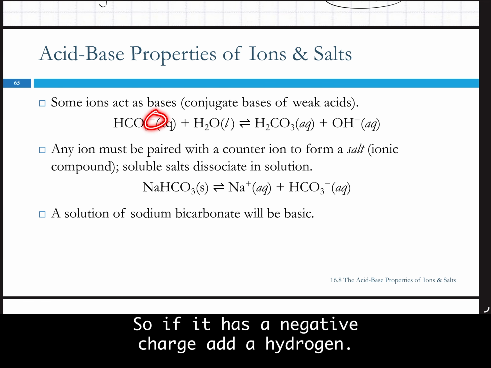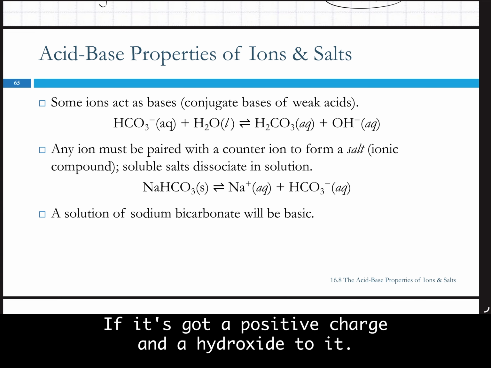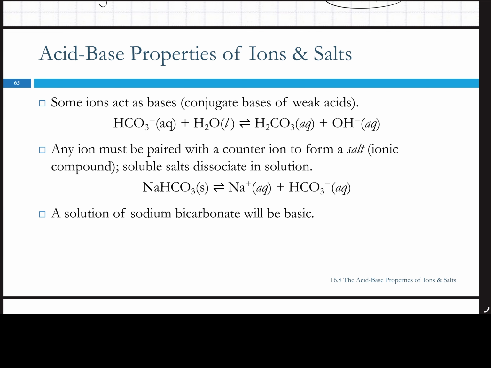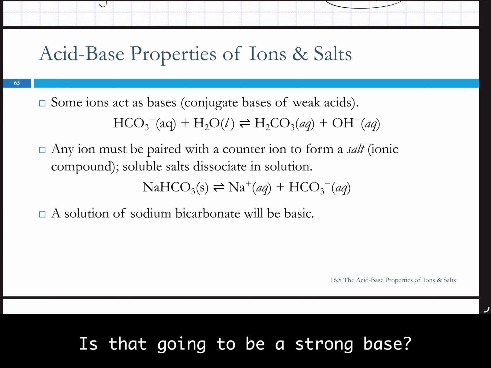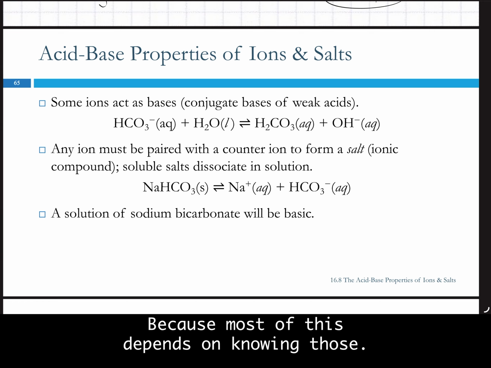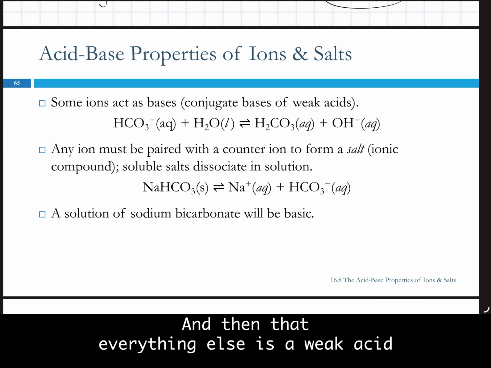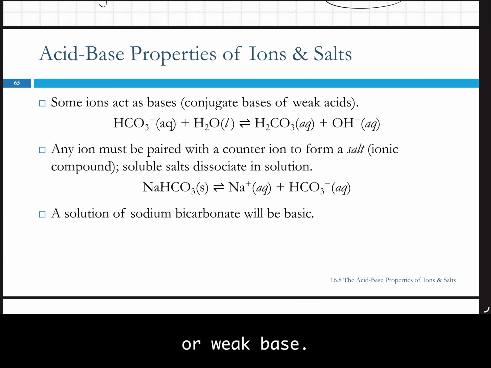So if it has a negative charge, add a hydrogen. Is that a strong acid? If it's got a positive charge, add a hydroxide to it. Is that going to be a strong base? Because most of this depends on knowing what are strong acids, strong bases, and that everything else is a weak acid or weak base.